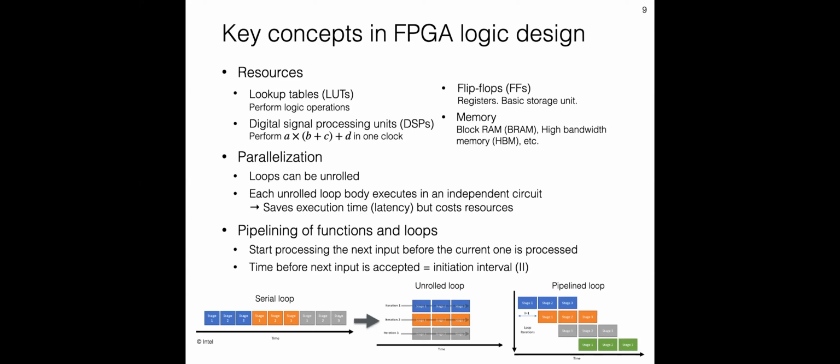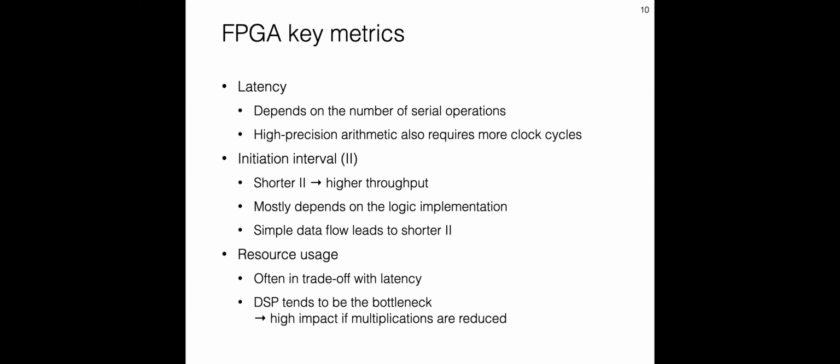One keyword is the initiation interval, which is basically the time before the next input is accepted. Given those, the key metrics in FPGA logic design are the latency, how long your algorithm takes to execute, which depends on the number of serial operations, and the initiation interval that I just mentioned.